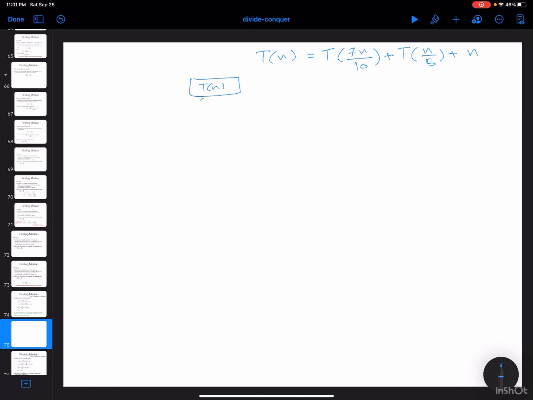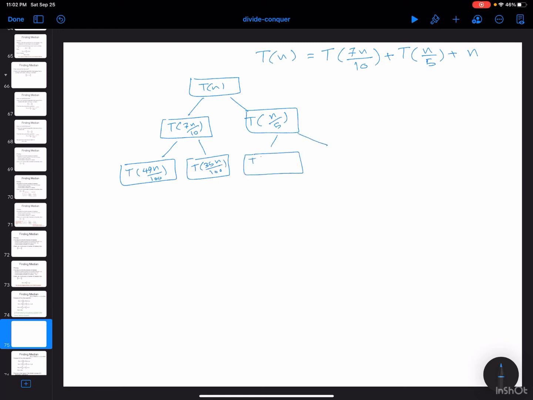So T of n is going to be these recursive functions that I have: 7n divided by 10, n divided by 5, then 49n divided by 100, 35n divided by 100, 35n divided by 100, and n divided by 25. And you can just grow the tree.